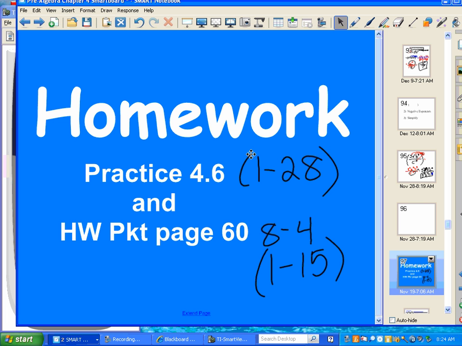And then I need to explain something to you guys on page 60. It won't take long. These are pretty short. Everyone look at page 60 and look at number 8. Okay, everyone just look.